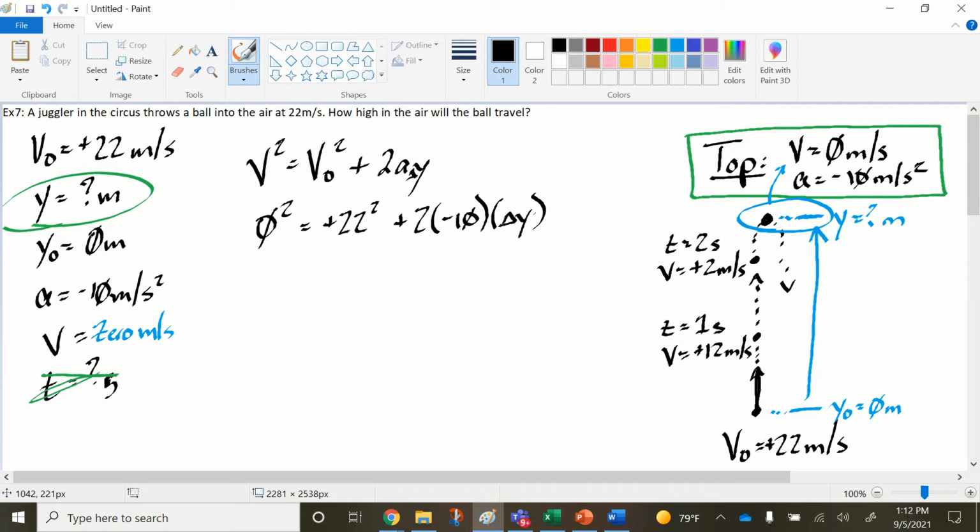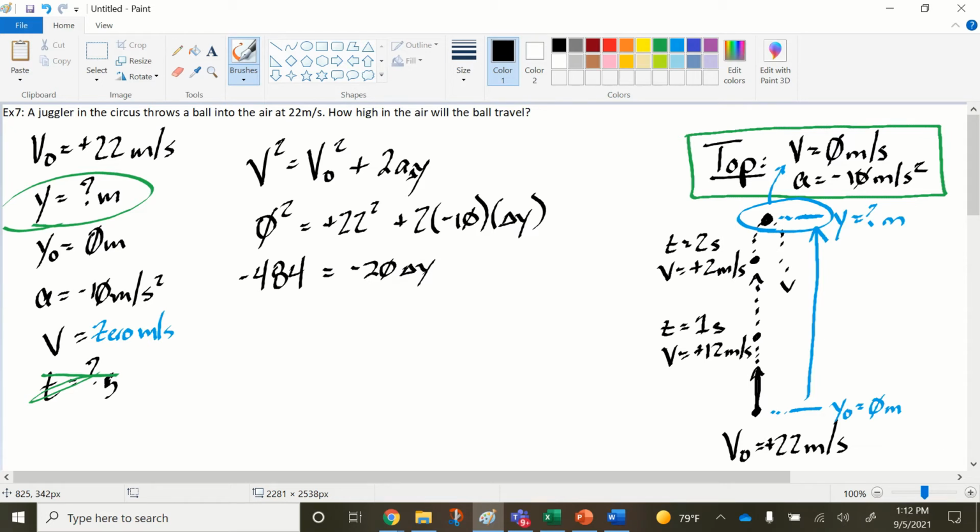Order of operations. We have to move the 22 squared first. So 22 squared gives me 484. I'm going to move it to the left. That makes it negative 484, because it was being added, so we have to subtract it from both sides. That's going to give me negative 20 delta y. Check out both of those values now being negative.